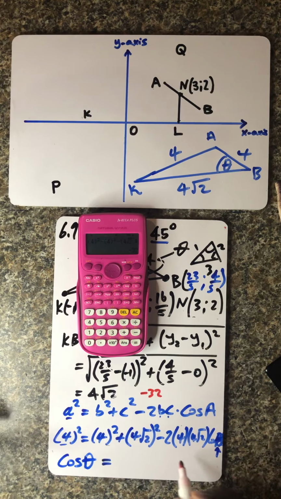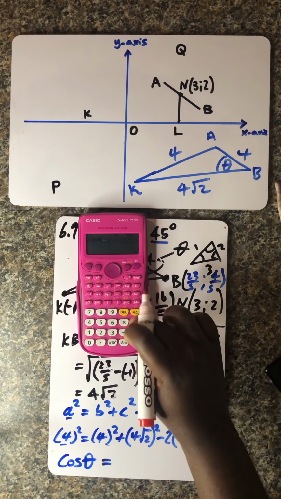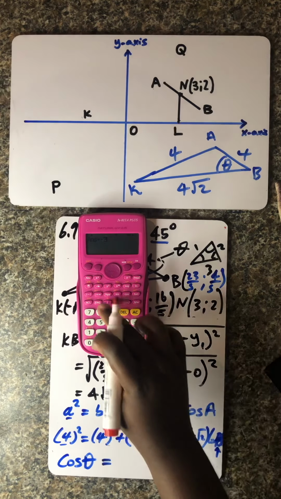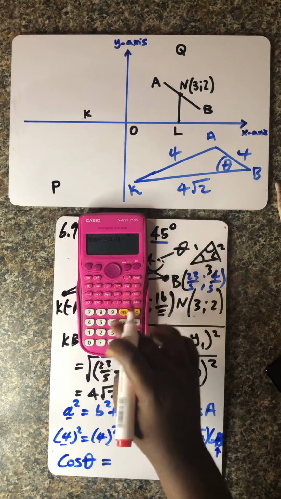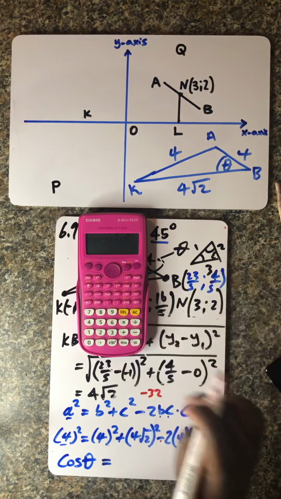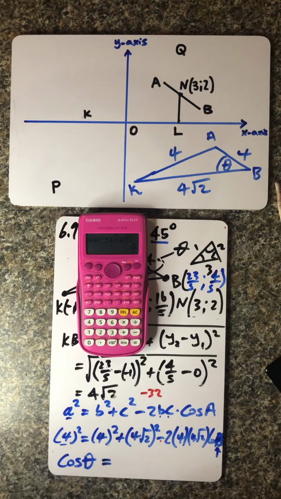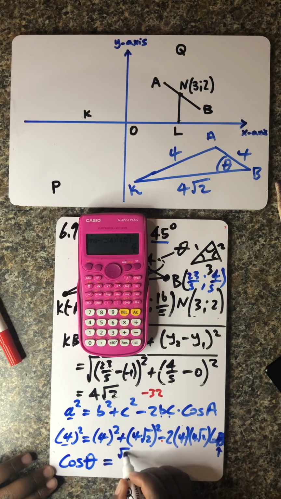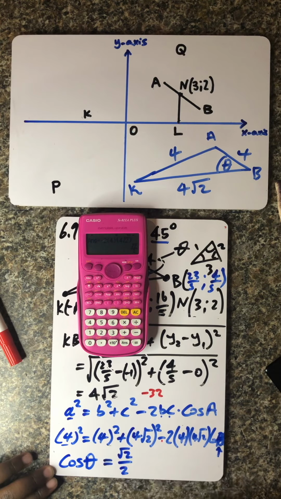Okay, so you need to divide by all of this. So you divide by negative 2. Remember, this is that negative 2 into 4 close into 4 square root of 2. Then you close, it's equal to. So what I'm getting, ladies and gentlemen, is square root of 2 over 2.